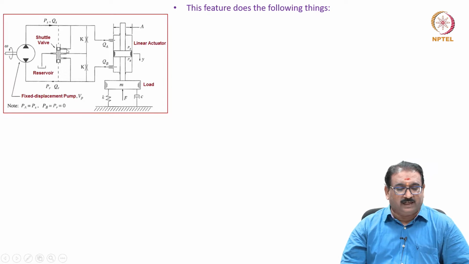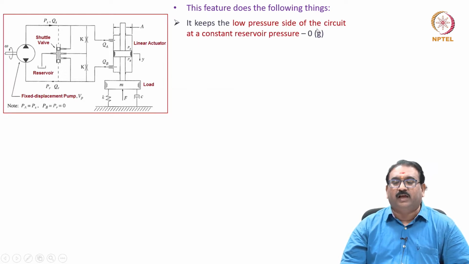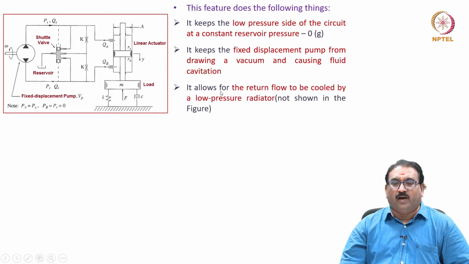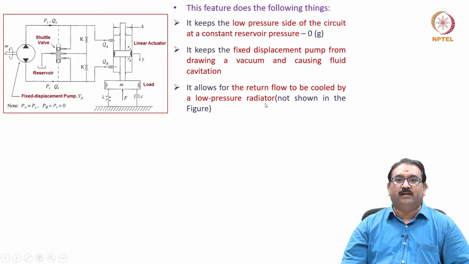It keeps the low pressure side of the circuit at a constant reservoir pressure, 0 gauge pressure. It keeps the fixed displacement pump from drawing a vacuum and causing fluid cavitation. It allows for the return flow to be cooled by the low pressure radiator.